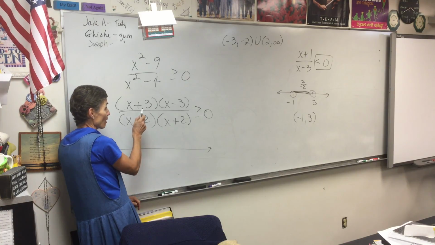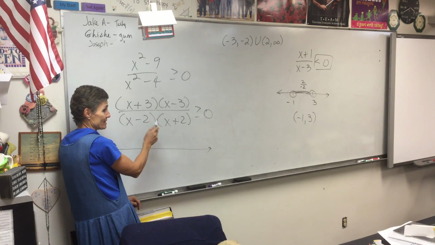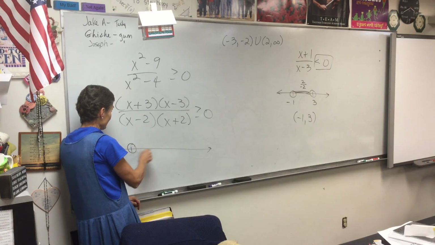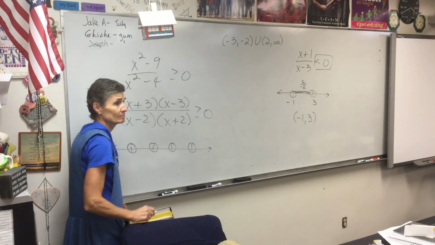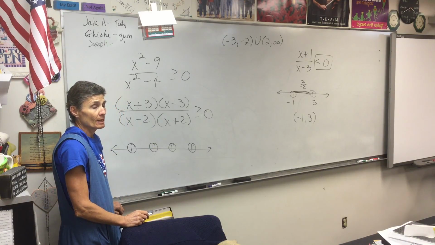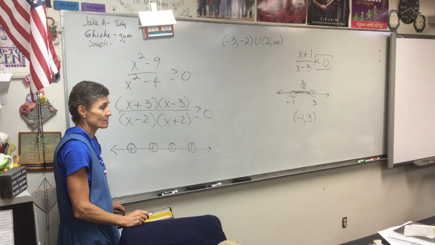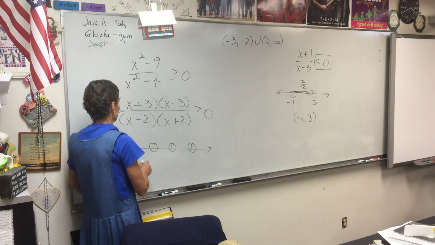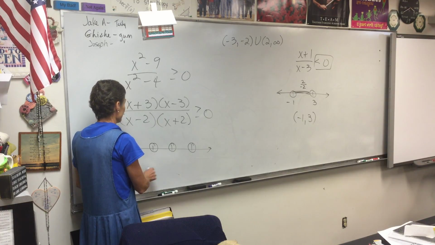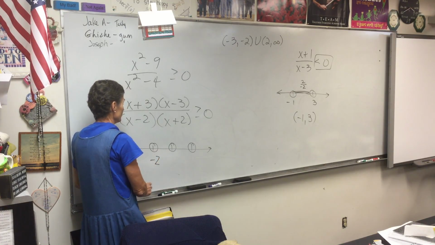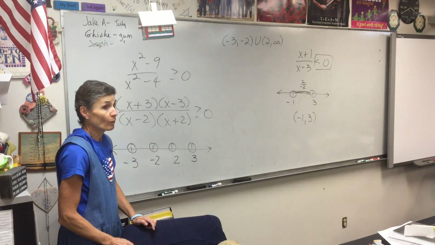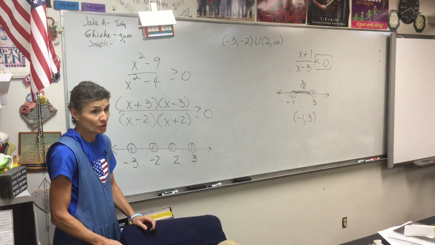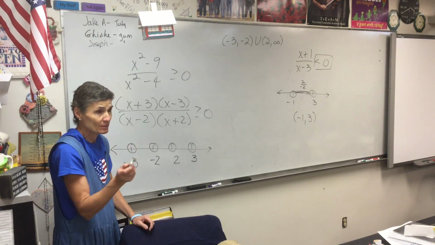And since there's 4 parentheses, I will have 4 dots. And those dots will be where? -3, -2, 2 and 3. Notice the order I put them on my number line. They have to go in that order. Don't mix and match.